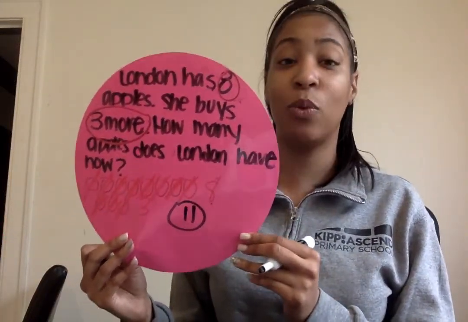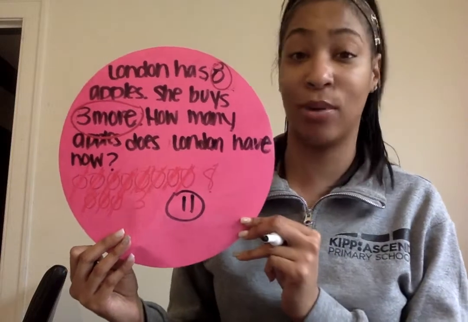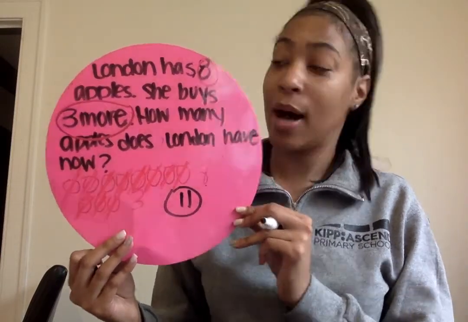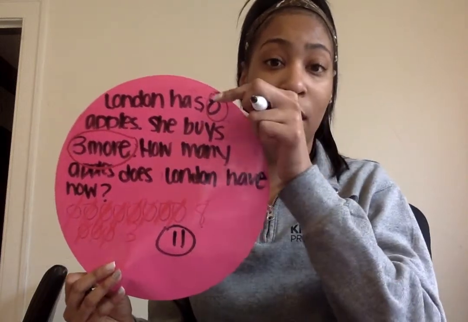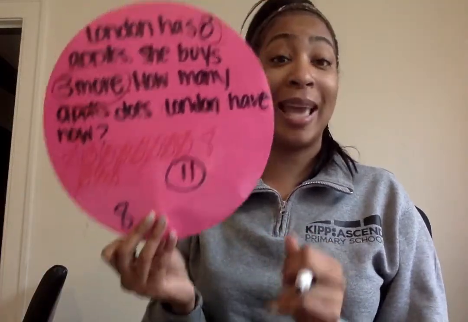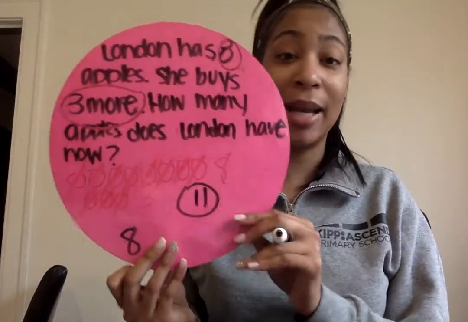Now that we've solved our problem, let's make a number sentence. The first number I'm going to include in my number sentence is a number 8. And since you all told me that we're going to put them together, I know that means I need to use a plus sign. What sign? A plus sign.